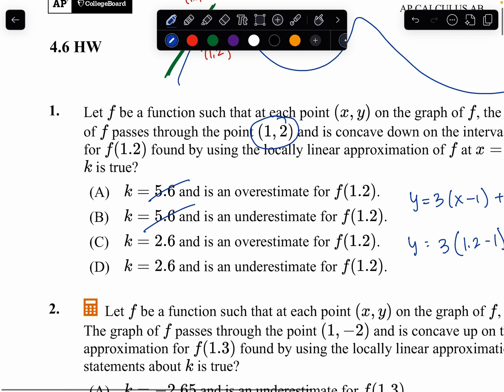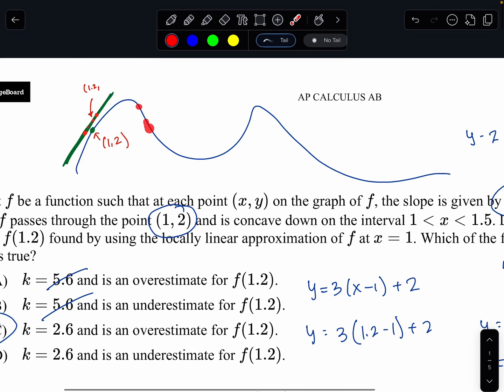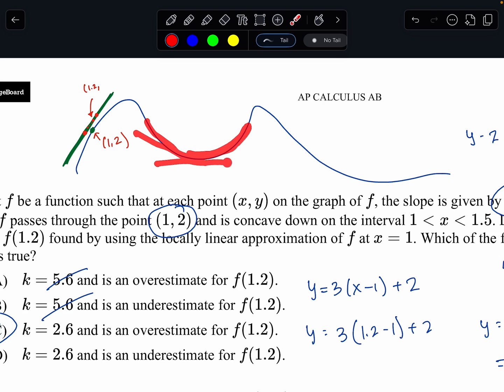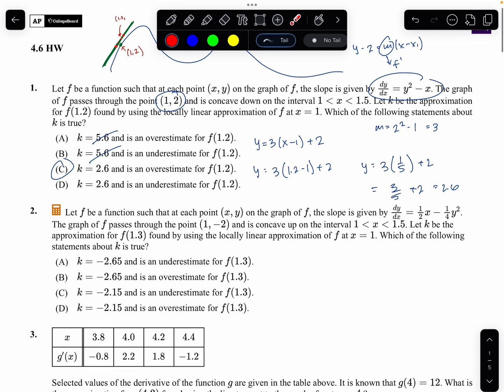So it's an overestimate, not an underestimate. Had the curve been concave up, like probably what you see here, where it has a right side up parabola, then tangent lines on this interval sit below the curve.